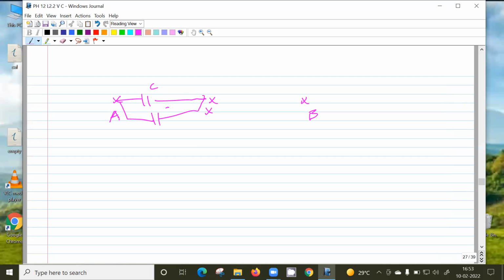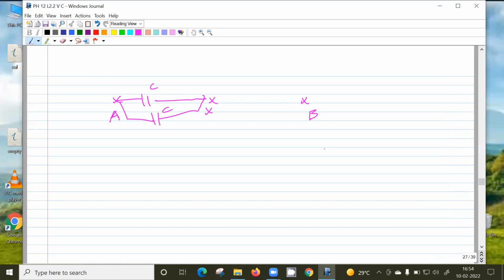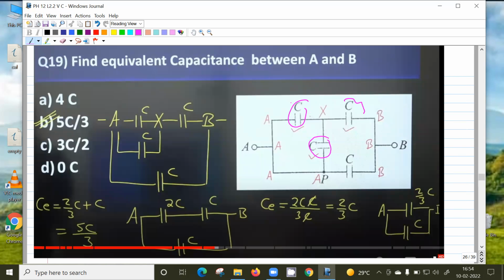And all capacitance values are C. Then this capacitance is between X and B, and this capacitance between A and B. So total 4 capacitors.